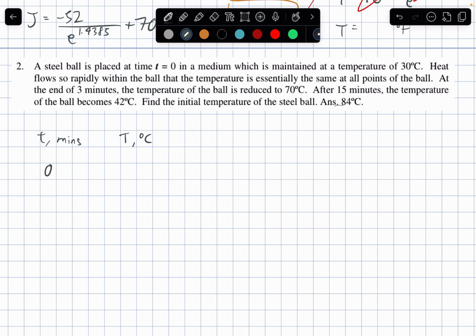So at time equal to 0, steel ball is 30 degrees Celsius. At the end of 3 minutes, temperature of the ball is reduced to 70. After 15 minutes, temperature of the ball becomes 42.